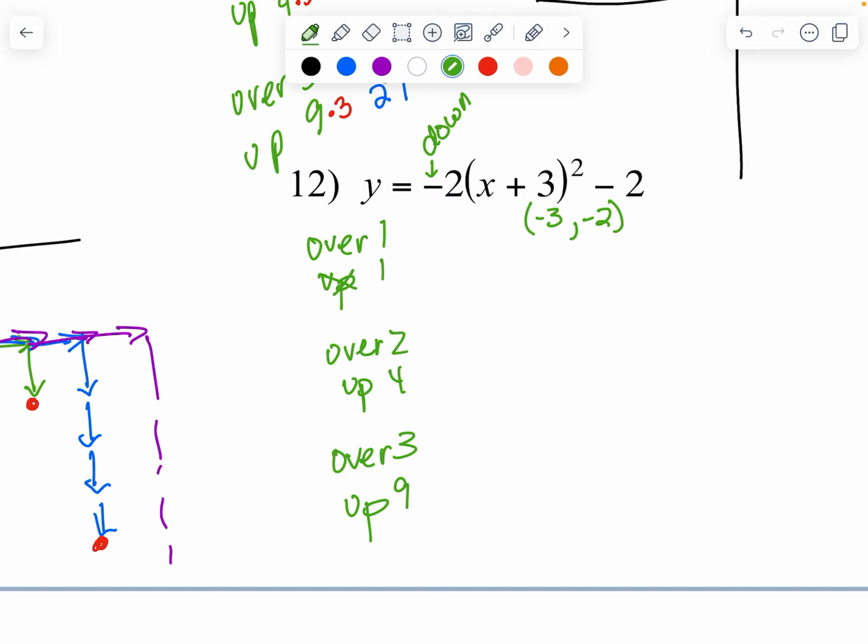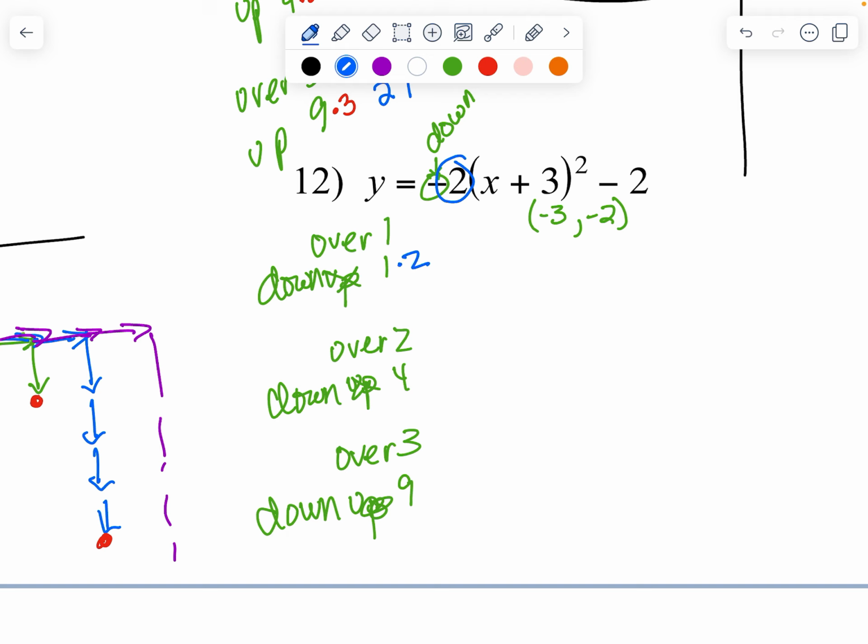We're not going to go up because we have a negative. We're going to go down. But that's not enough. We are also going to multiply everything by that 2. All the downs are going to be multiplied.